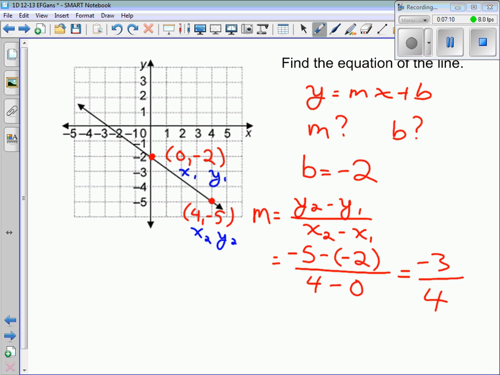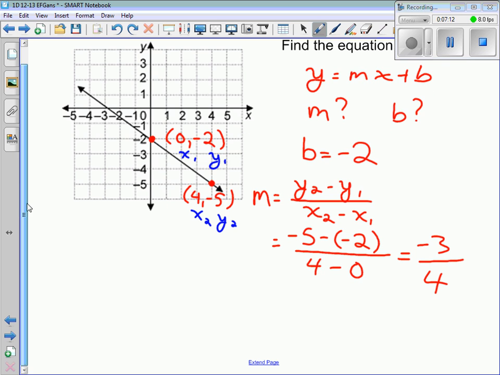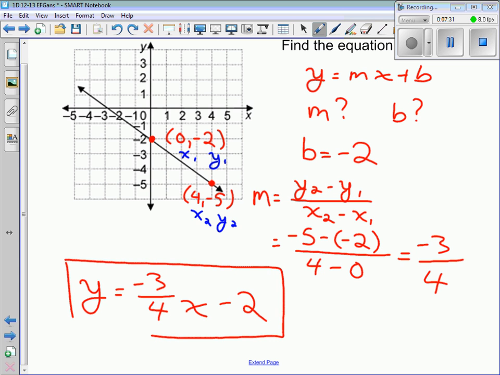So we've got our slope, our value for m, and our b. So we put it all together into the equation. Y equals m, which is -3 over 4, times x, plus our value for b, so plus -2, or just -2. And there's our equation.